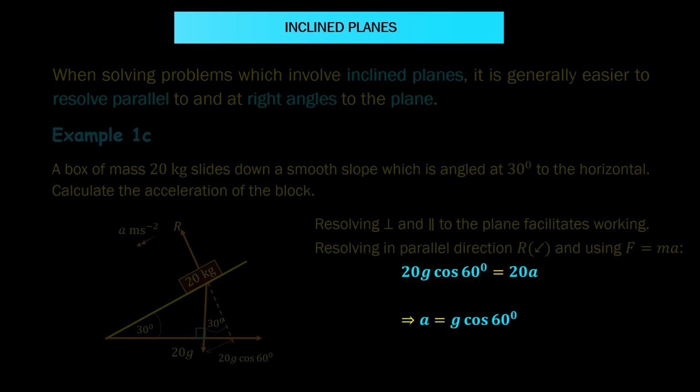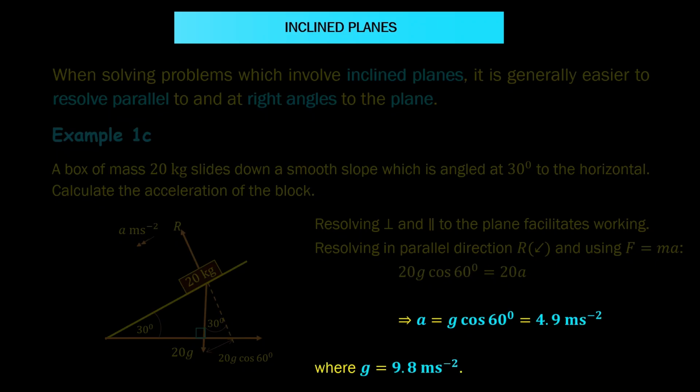And this implies that a equals g cos 60 degrees. And plugging in g equals 9.8 meters per second squared gives us that the acceleration is 4.9 meters per second squared, because of course cos 60 is a half.